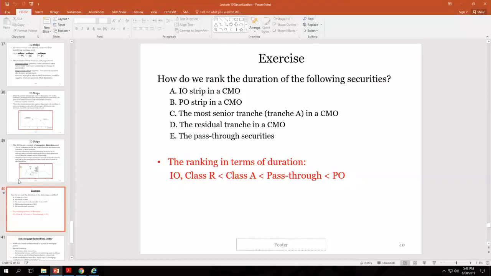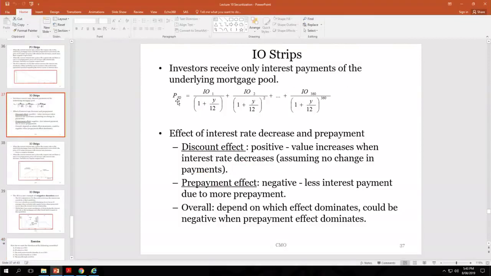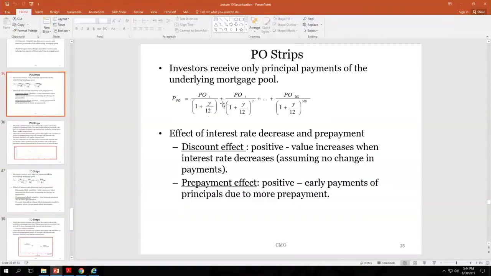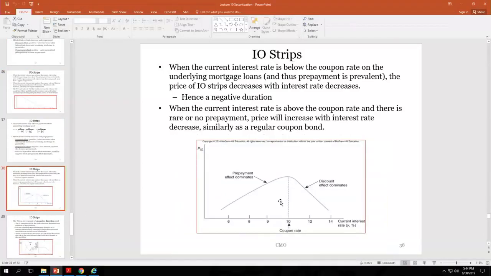Yeah, because when we are talking about how sensitive the price of the security is with respect to changing interest rates, if you hold a pass-through security, essentially you are holding a combination of this graph plus this graph.